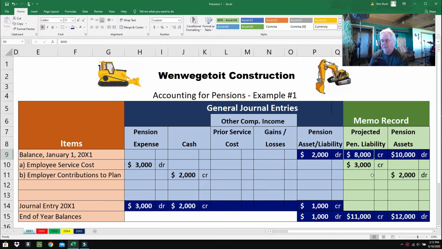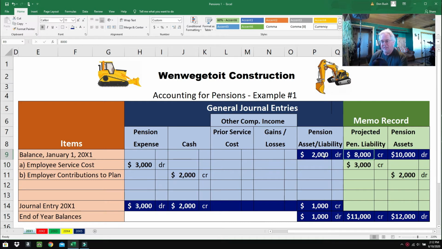As time goes on, our workers are going to be retiring, and we're going to owe them some money for their retirement, but that projected pension liability is discounted down to the present value. So that $8,000 represents the present value. Now we've got $10,000 of assets and $8,000 of liability, which means this fund at the beginning is overfunded, which is a nice place to be. Not very many pension funds can say that, but they are overfunded at the moment.